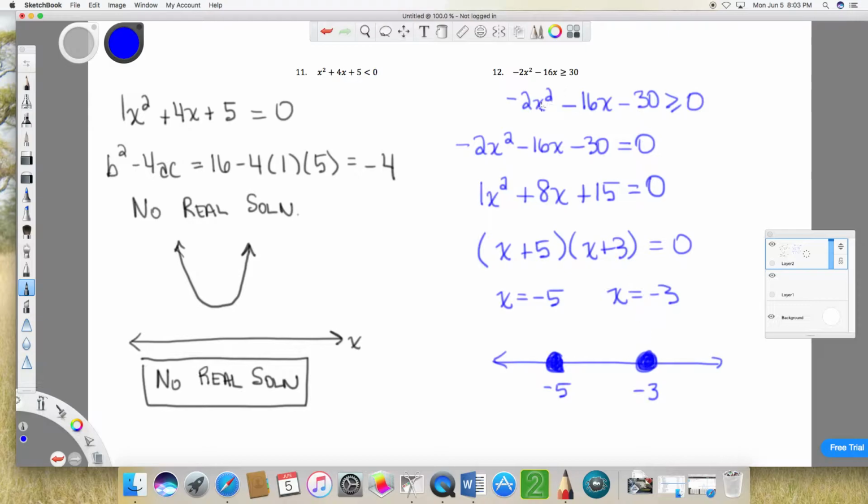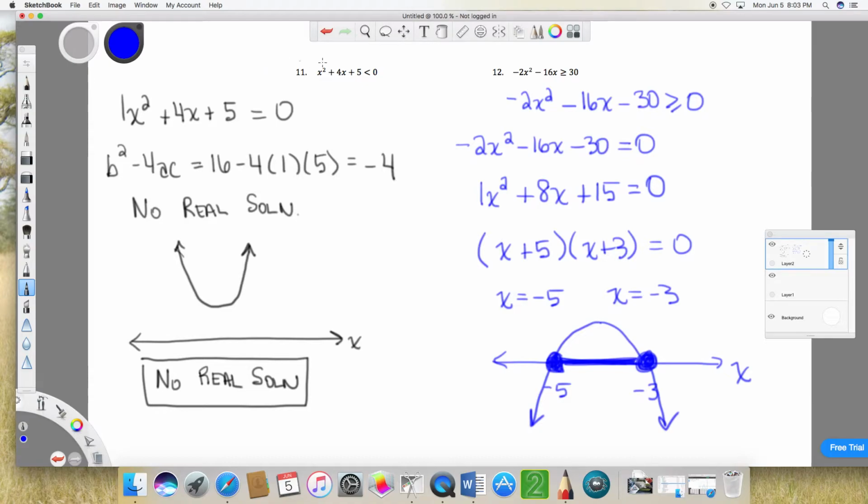Now the original quadratic had a leading coefficient that was negative, so that would be a parabola that opens downward. And we were interested in that portion of the parabola that is greater than or equal to 0, that is above the x-axis, and all of these x-coordinates will have y-coordinates that are above the x-axis.